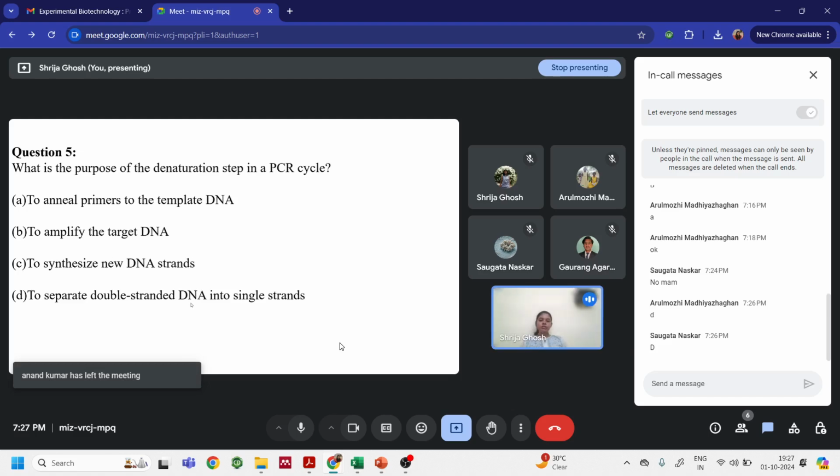So option D is basically to separate the double-stranded DNA into single strands. That is the correct answer.